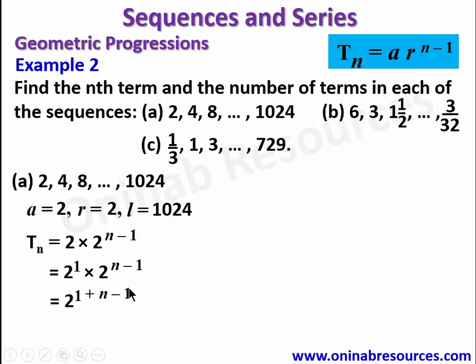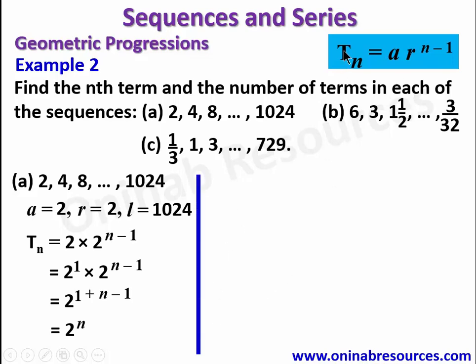And 1 minus 1 gives 0. So we have our final answer to be 2 raised to power n. So that is the nth term of this particular sequence represented in 2a. Then we go to the number of terms in the sequence.